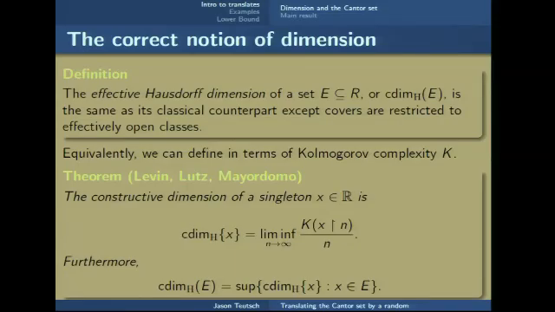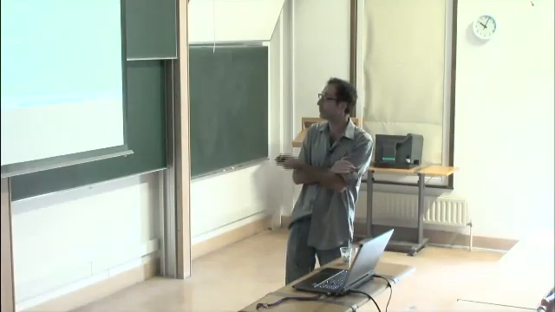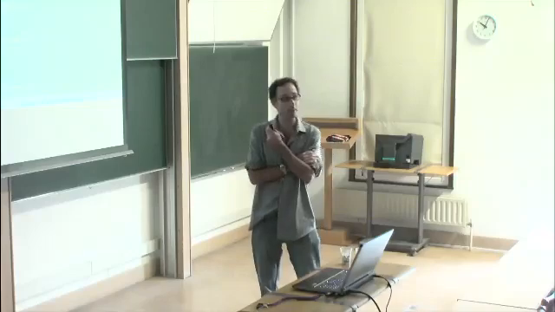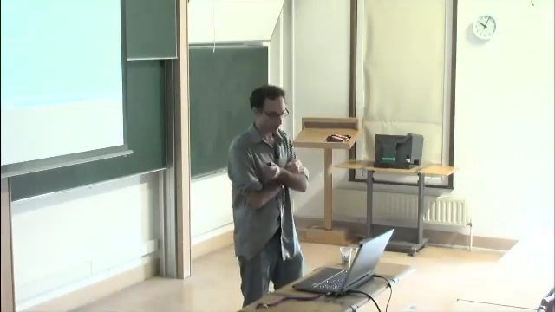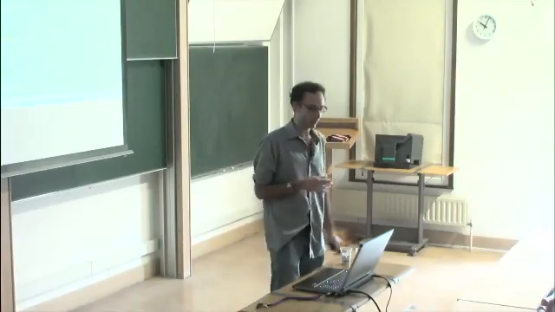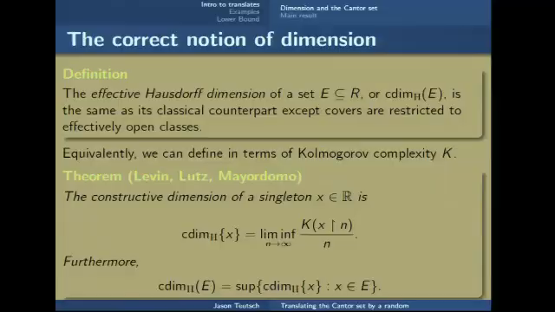Okay, so you can define an equivalent definition for effective Hausdorff dimension in terms of Kolmogorov complexity. This is why I think this is even maybe an improvement over the classical notion, because there are some other forms which actually seem sensible, certainly in terms of randomness. So you can say that in fact a single point can have a positive effective Hausdorff dimension.